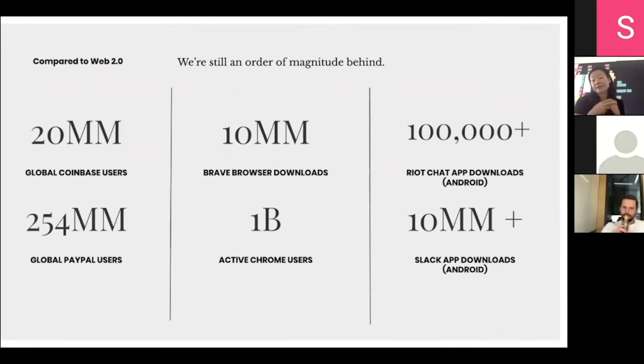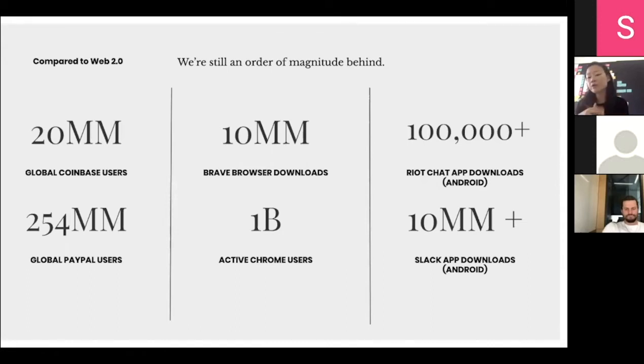But what's pretty clear is that we're still an order of magnitude behind compared to Web 2 startups. If you compare the number of global users in the payment space, for example, you have about 20 million Coinbase users compared to 254 million global PayPal users. 10 million Brave browser downloads is an estimate to about 1 billion active Chrome users.